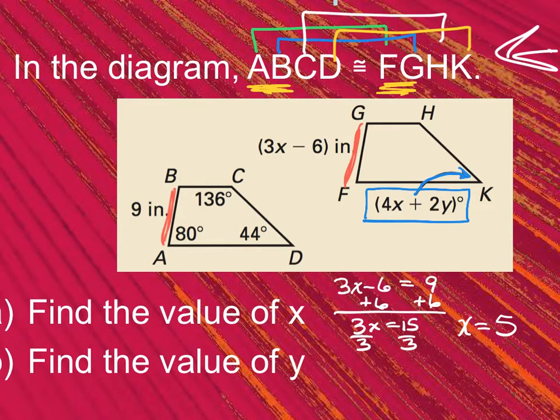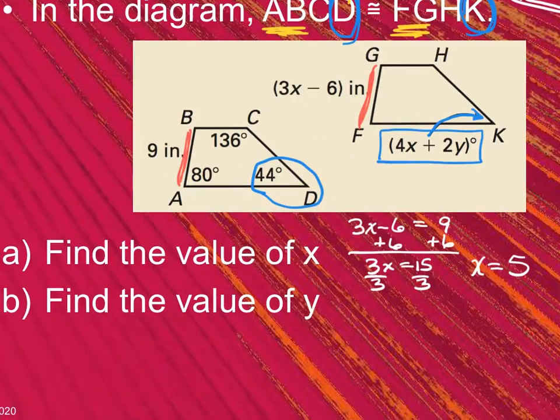So this is going to be the measure for angle K. If I go back to my statement, I can see K is over here, the last letter. So I'm going to match it with the last letter over here, and angle D equals 44. So this is how I'm going to set up my equation to find y.